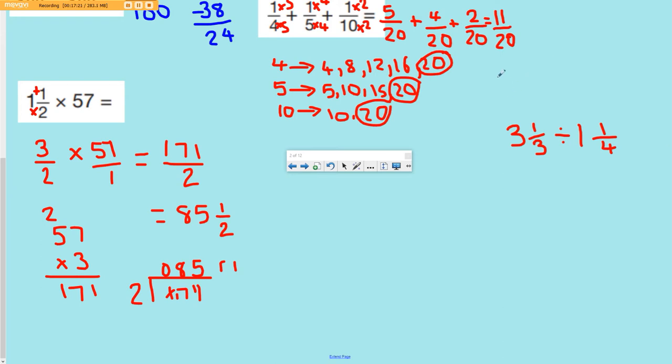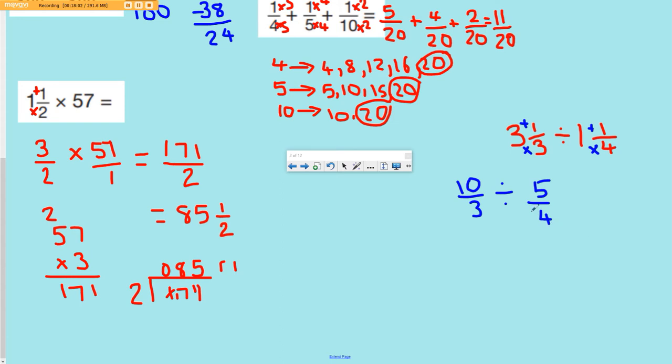Okay guys, hopefully you all understand everything so far. Now what we're going to do is work out this first. The first step is to write it as an improper fraction. So we times here by 3, then add 1. 3 times 3 is 9, plus 1 we get 10 upon 3, divided by, let's leave the divide for now, and we do 4 times 1 plus 1, which gives us 5 upon 4.